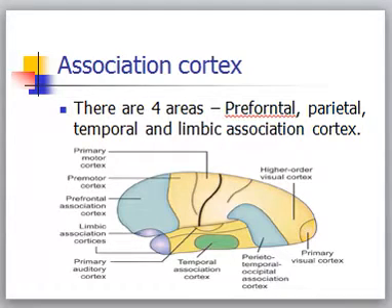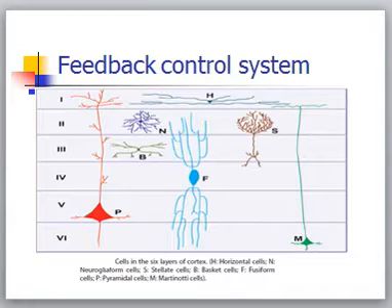Next we are going to learn about the feedback control system of the neocortex. The association cortex is part of the six-layered cortical gray matter that spreads over the cerebral hemisphere. The connections within the neocortex form a complex network of neurons, like other cortical areas such as the motor cortex, with pyramidal and non-pyramidal cells.